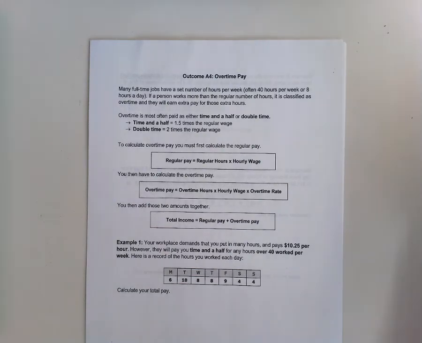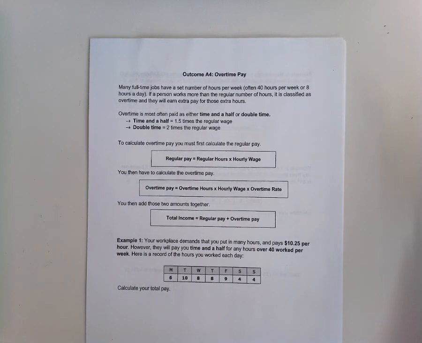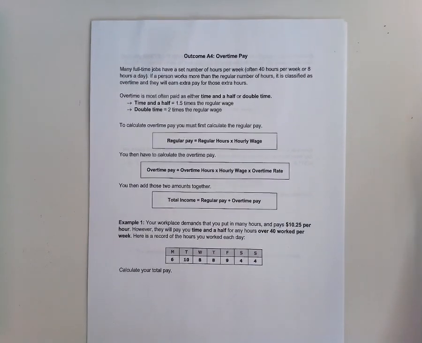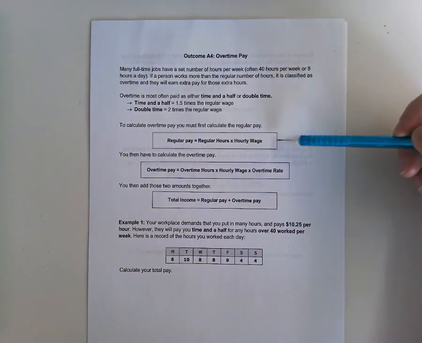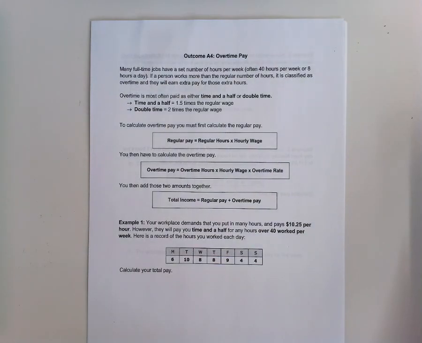So, if we are calculating overtime, there are a few steps required. The first step is to calculate your regular pay. You calculate that the same way that you calculated your hourly income from the very first lesson in this unit. You multiply your hours times your wage. Then you need to calculate your overtime pay.